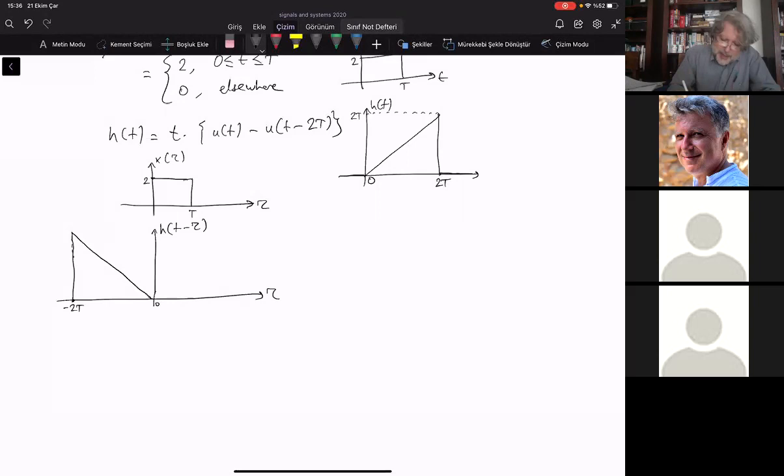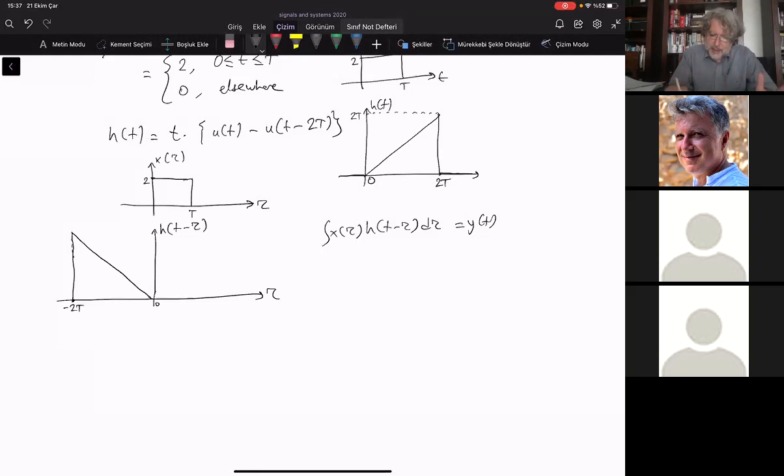Then I have to multiply x of tau, the top shape, and h of t minus tau. This is multiplication of the two signals, and then I will integrate the multiplication. Okay, this is what I will obtain. And I'm going to call it y of t. Now, for such straight line expressions, it is best to start with finding the starting and ending points and determining the value of y of t at those starting and ending points.